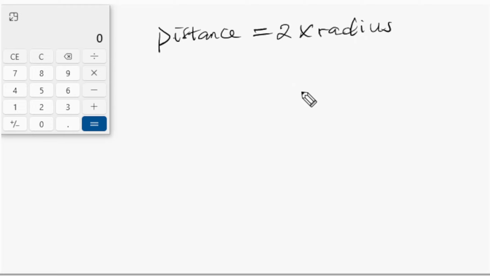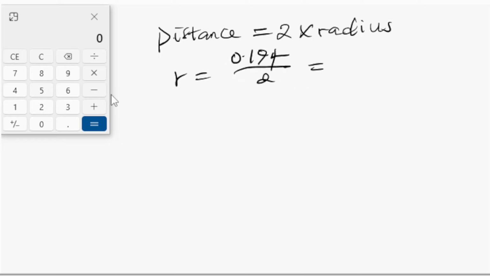So guys, the radius of the chlorine atom here is going to be the distance over 2. So the radius here will be 0.194 over 2.